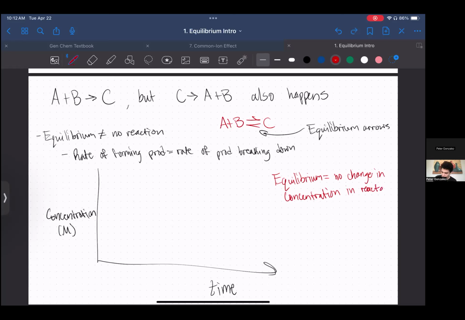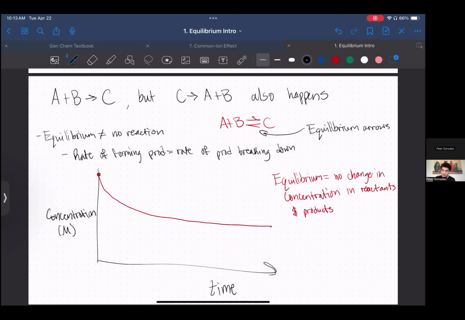I'll just finish writing this first, in reactants and products. Okay, so if you want to imagine what that would look like, let's say we have our reactants in red up here, and they start at some concentration. Over time we're going to consume them and slowly lose some of those reactants, but eventually we'll reach that equilibrium point where they don't really decrease anymore.